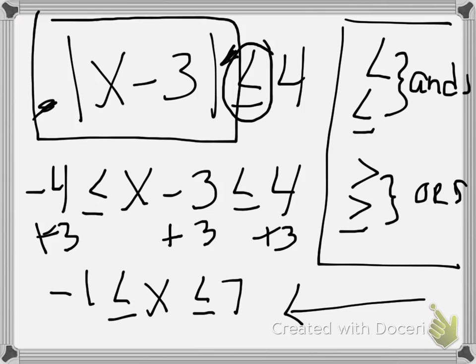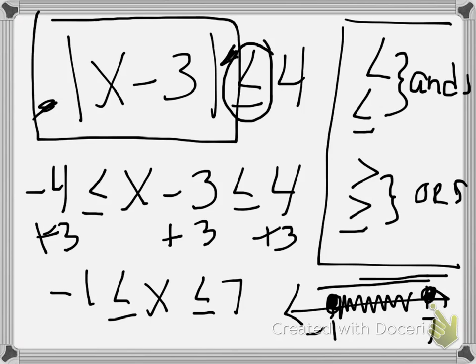Then we graph that just like we normally would. We have -1 and 7 with closed circles on both, and we would be shading greater than -1 but less than 7, which means we would be shading in the middle.